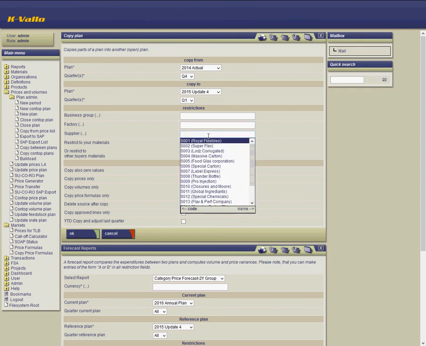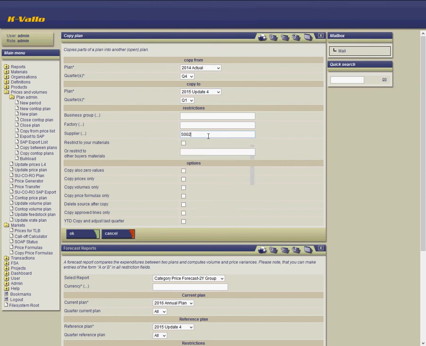So we're looking at Superflex, our SO2 supplier, and we're only going to copy the price formula.